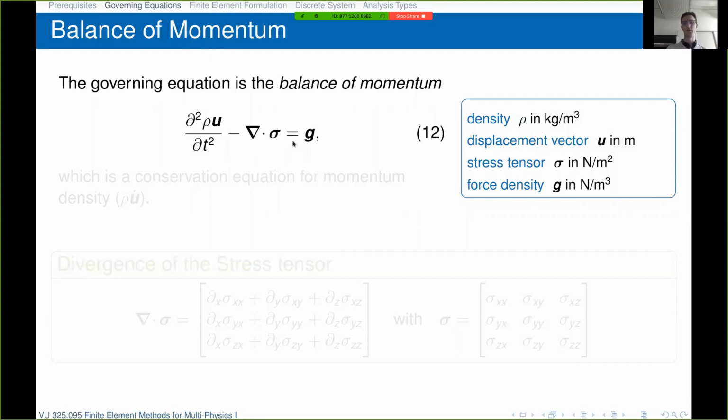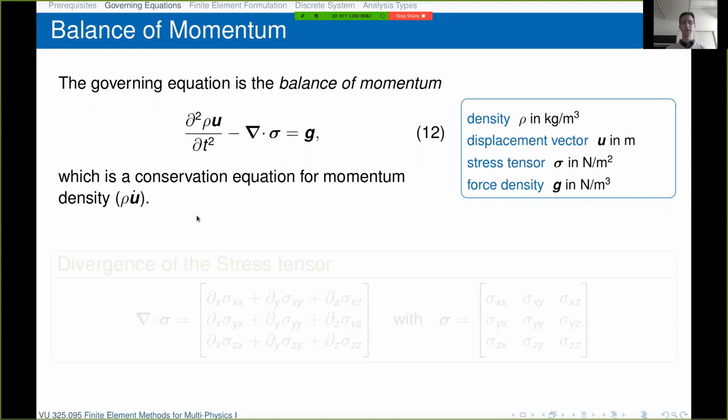So this is a volume force density in Newton per cubic meter. And in fact, this equation is a conservation equation for the momentum density, which is rho u dot. So u dot denotes the first time derivative of the displacement vector. So this is the velocity vector.